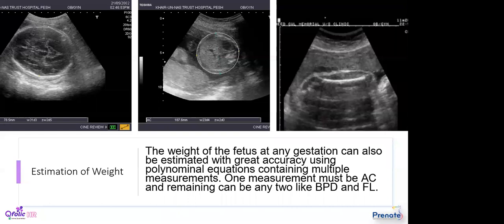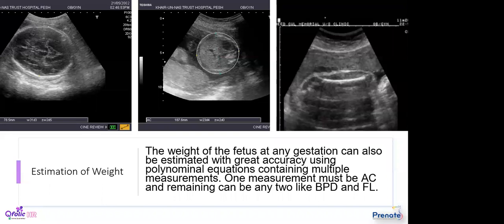So abdominal circumference is a must in all the equations, but the other measurements can vary, like BPD, femur length or head circumference. Abdominal circumference is important because growth of the fetus is described in terms of estimated fetal weight and abdominal circumference, since abdominal circumference increases or decreases showing the nutrition of the fetus.